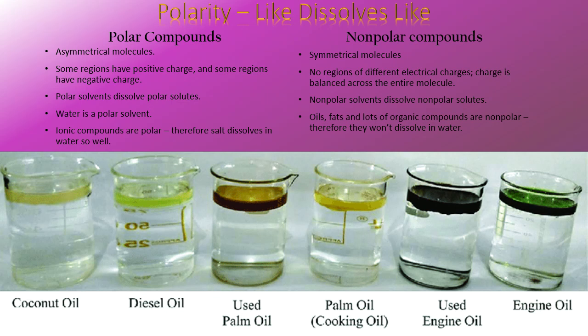We'll just say that some molecules are polar and some molecules are nonpolar. What it has to do with is electrical charge. In polar compounds, the electrical charge is not very evenly distributed. It has places where there's a lot of negative charge and places where there's a lot of positive charge, and we call those poles, kind of like poles on a magnet, plus and minus.